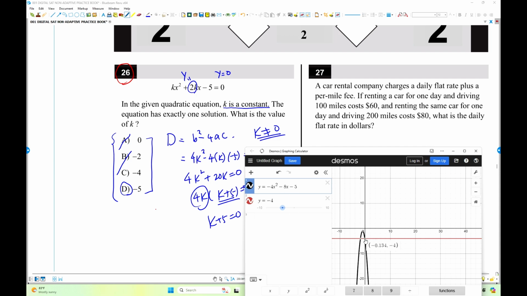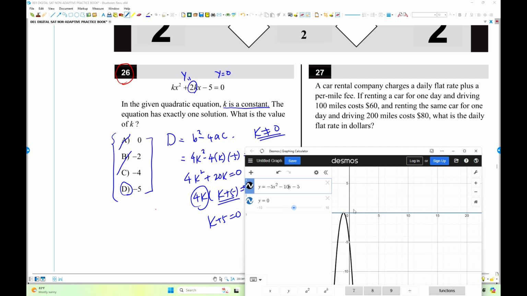Still there's no solution, right? y equals 0, no intersections. This is out. The last one, negative 5. This is negative 5, and this is negative 10, and 5. As you can see, with y equals 0, this graph has only one intersection, okay? Choice D is this.